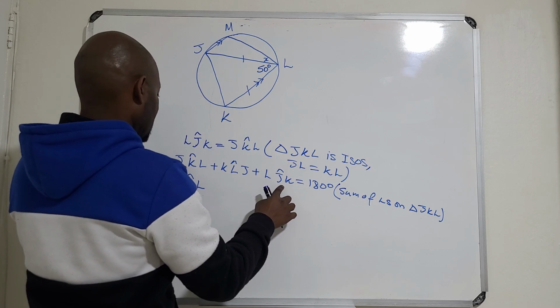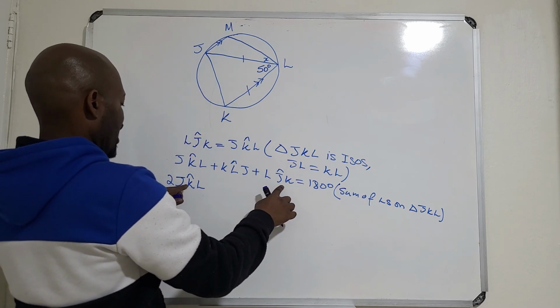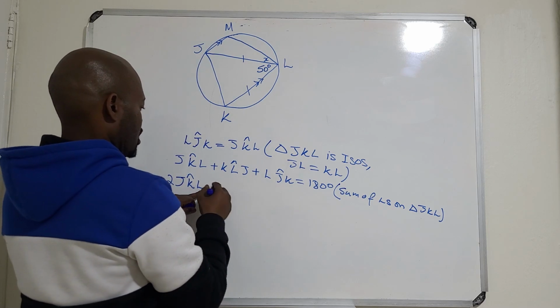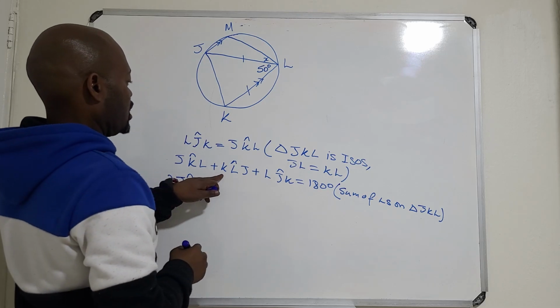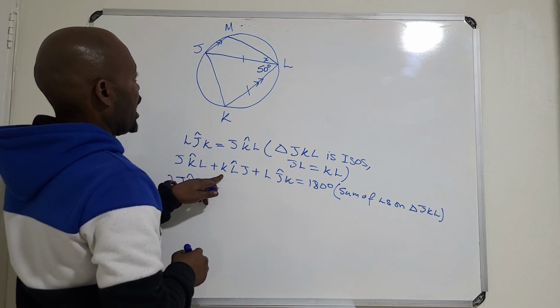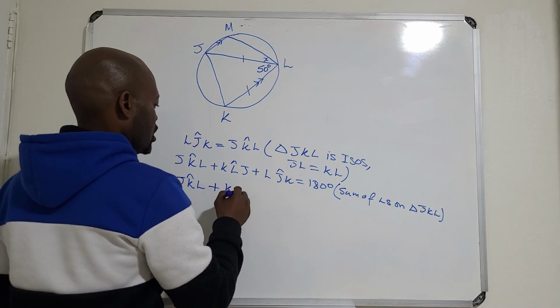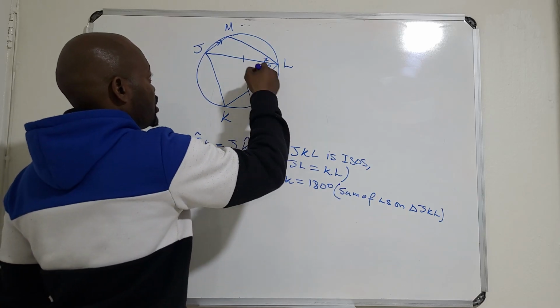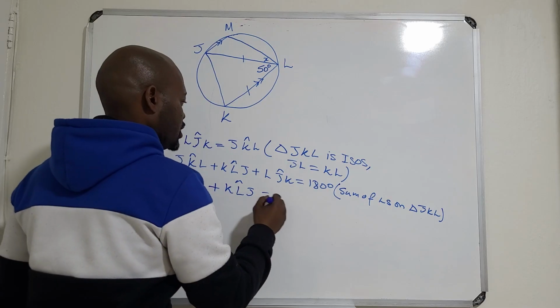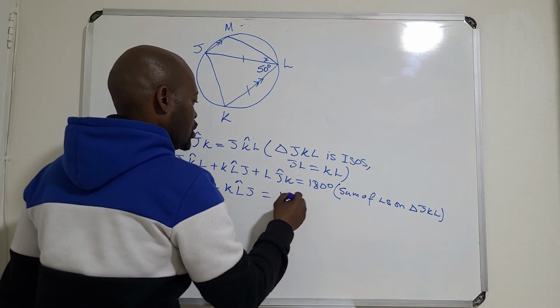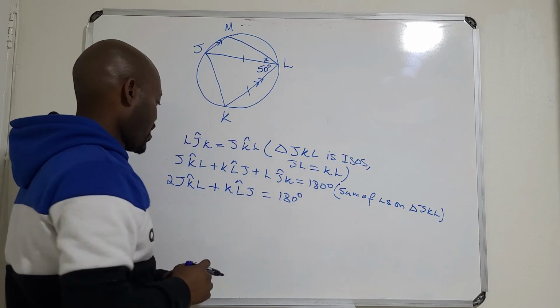Therefore, this plus this is going to give me 2 angle JKL plus angle KLJ, which is this angle, is equal to 180 degrees.